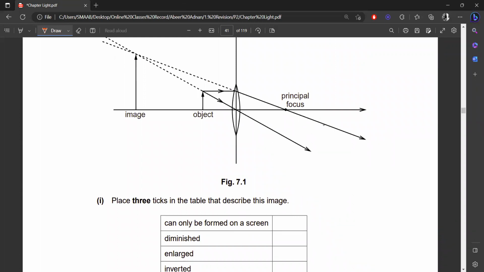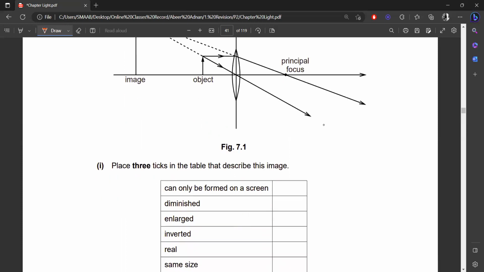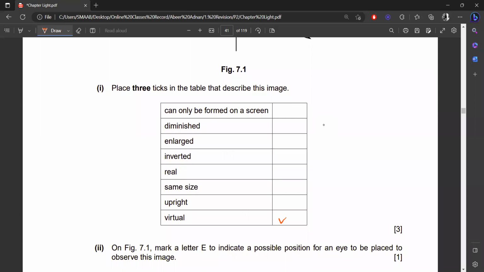Is it real or virtual? It is virtual. It is magnified. It is upright. So virtual, upright, enlarged. So these are three ticks which we have to mark on the table.